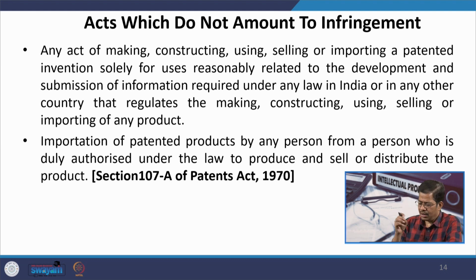The basic thumb rule can be: if I am making some money from infringing the IP, if I am using some IP for my commercial gains without taking your permission, that is the easiest way to understand IP infringement.